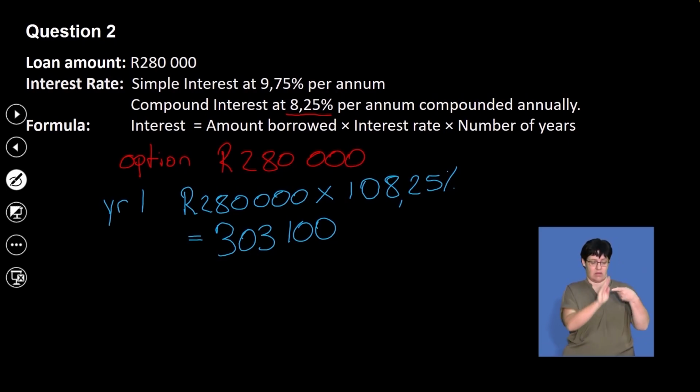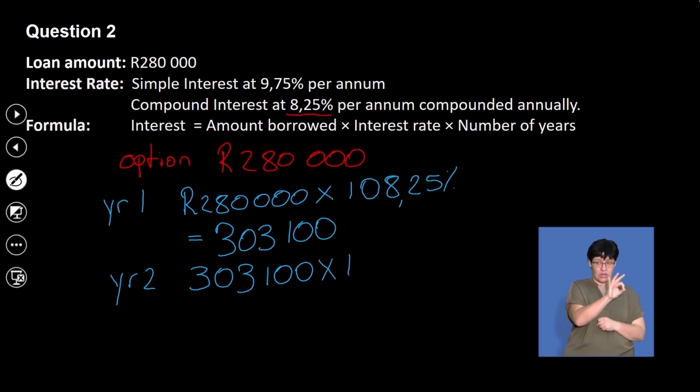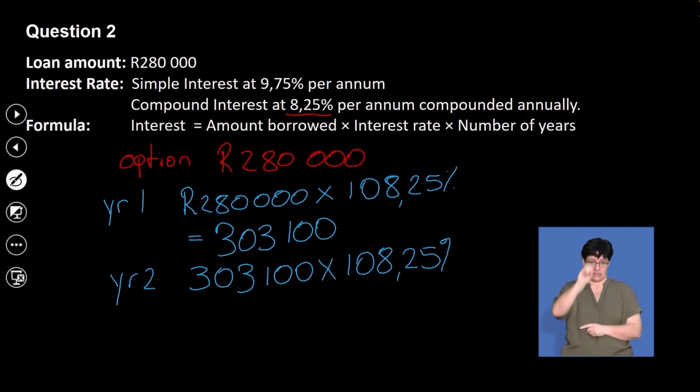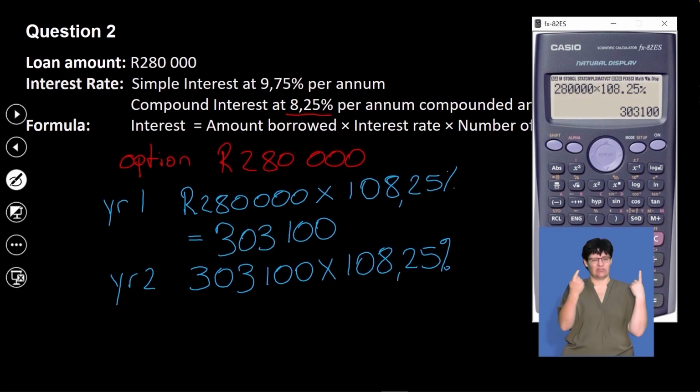Now we're going to do year 2. So now I'm taking my amount that I had in year 1 and I'm increasing that by 8.25%. Now I'm going to show you a slightly different calculation with this one. So if I take my value, I'm going to just times by 8.25%.